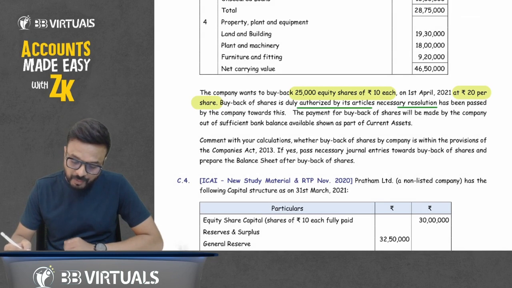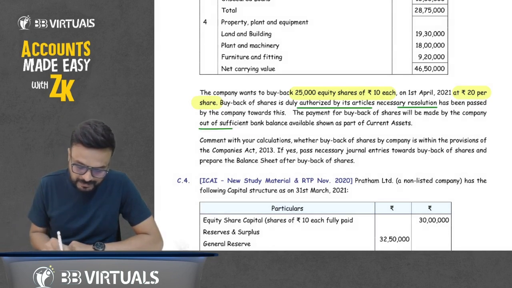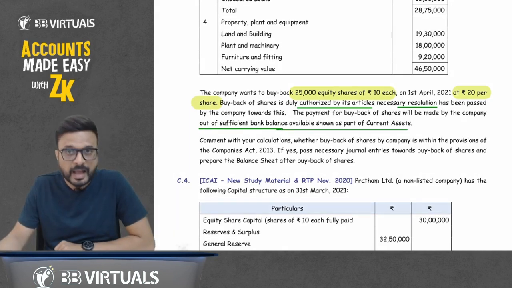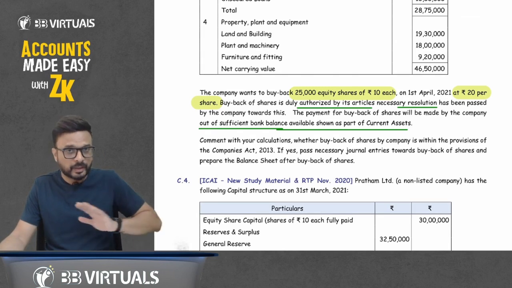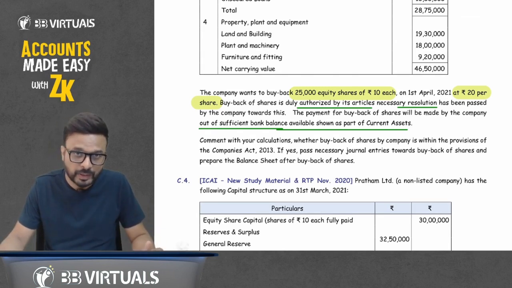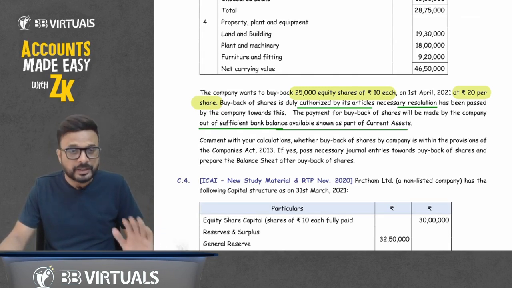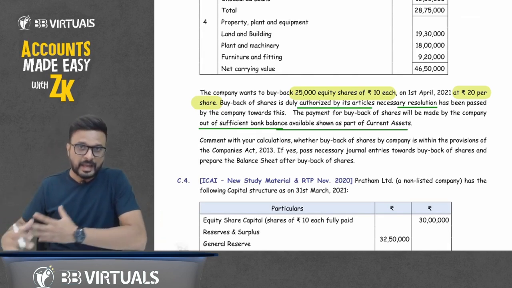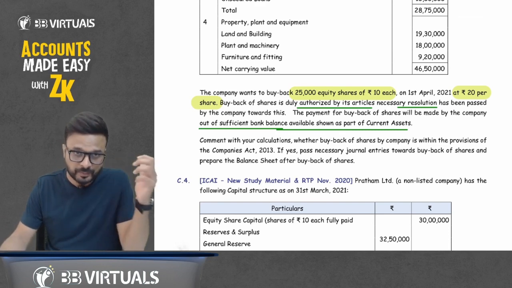Now the payment for buyback of shares will be made by the company out of sufficient bank balance available as part of current assets. Now understand this point. Here they are not issuing any shares. It is mentioned in the question that they have sufficient bank balance and will utilize it for this buyback.